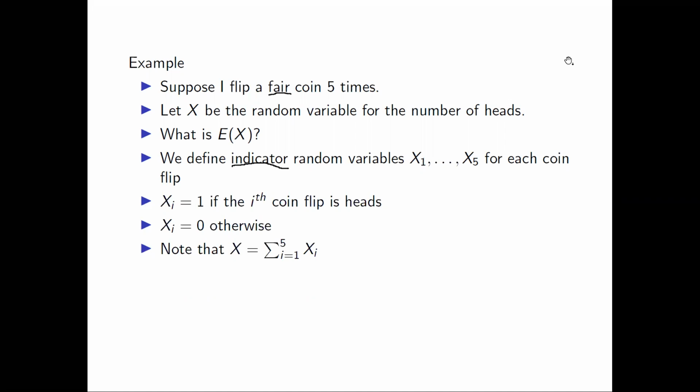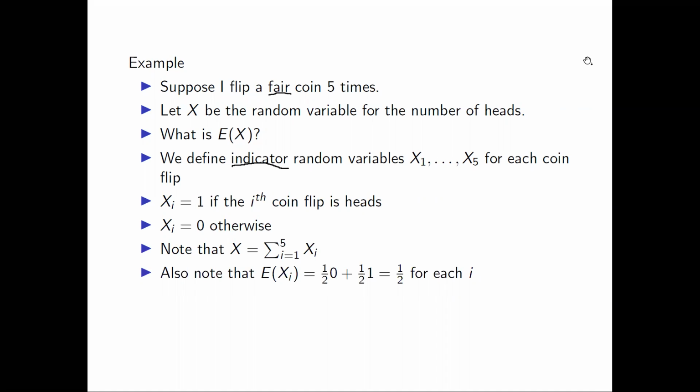And this is why we can do linearity of expectation using that last problem that I asked you on the last slide. So we want to calculate the expectation of each xi in order to use linearity of expectation. And we can see that each xi is 1 if the coin flip is heads, 0 otherwise.